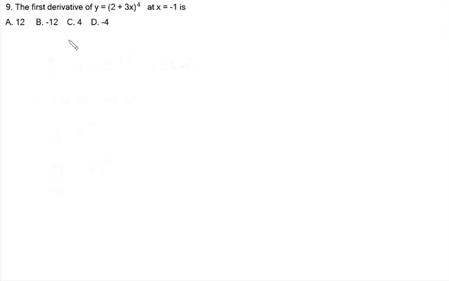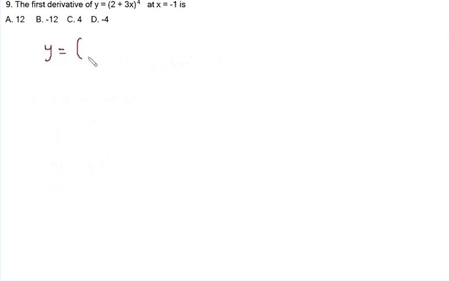So the first thing we need to do is write out the function: y is equal to (2 plus 3x) to the power of 4. To solve this problem, we have to use something called the chain rule. That's because we have a function, 2 plus 3x, inside another function, which is to the power of 4.